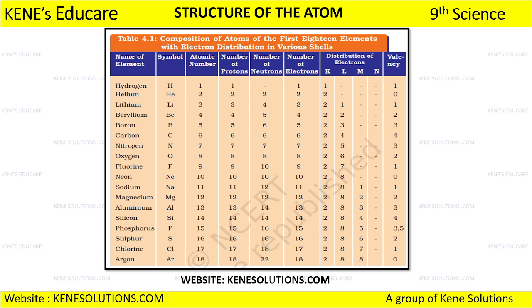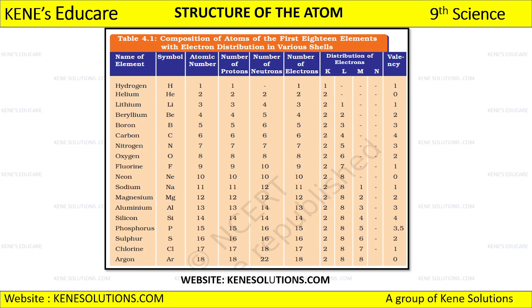So here we have elements starting from hydrogen, helium, lithium, beryllium, boron, carbon, nitrogen, oxygen, fluorine, neon, sodium, magnesium, aluminium, silicon, phosphorus, sulfur, chlorine, argon. So you should know the first 18 elements first of all, and once you know them, you should also know the symbols, what kind of symbols we use for them.